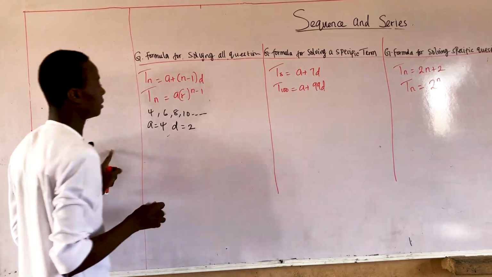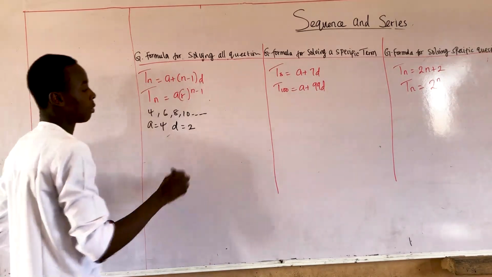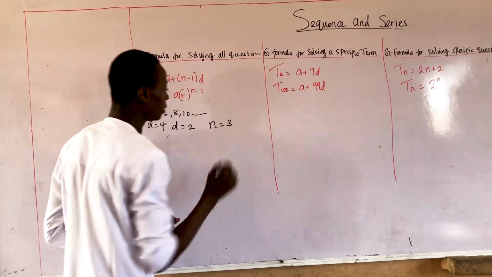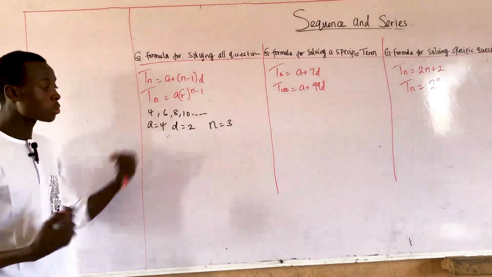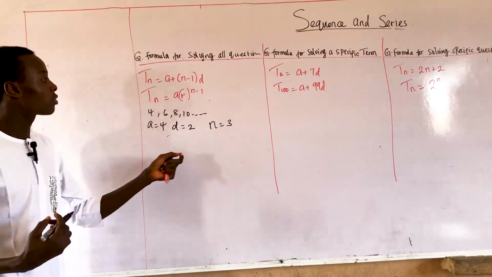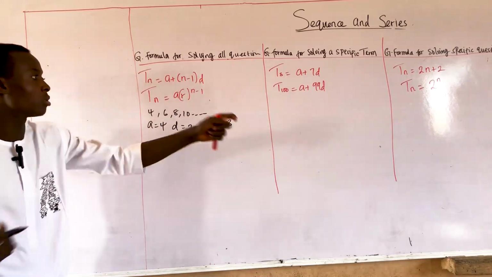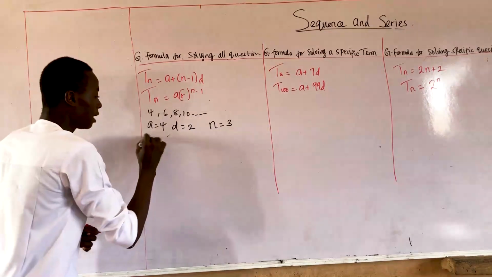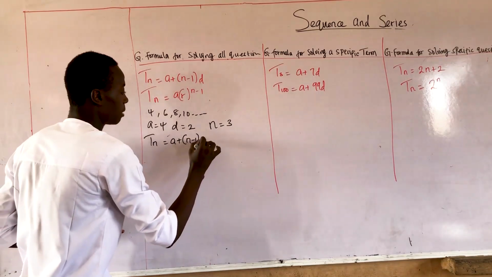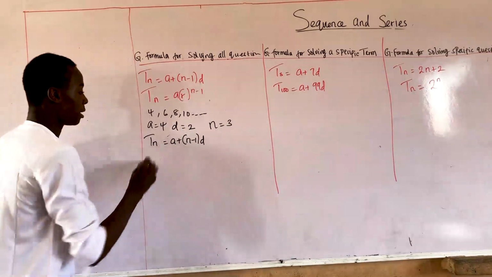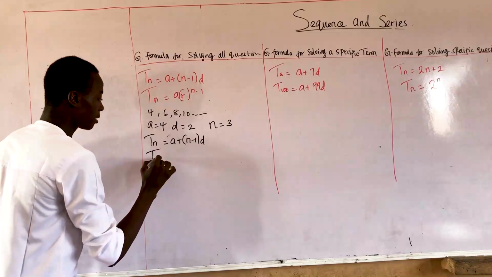let's say we want to find the third term. So our n will now be equal to 3, right? So we are going to get 8, because I just wanted to prove that if you use this formula, it is much slower compared to the others. So we have Tn is equal to a plus open bracket n minus 1 close bracket d. From here, T3, right?